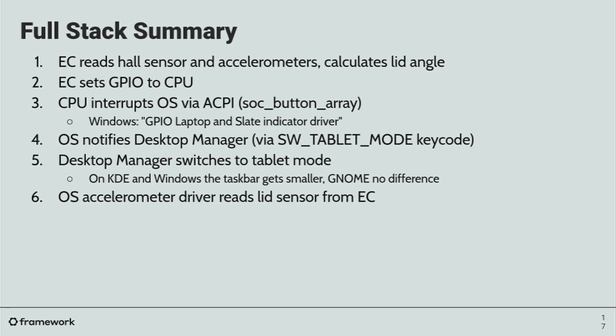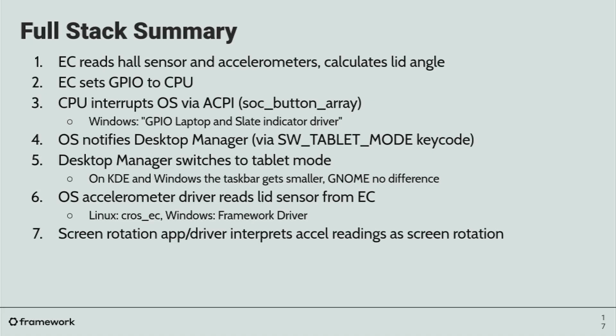Then to rotate the screen, the OS accelerometer driver reads the sensor data of the lid. To get the screen rotation, you only need one sensor. Windows has an extra driver that loads if it sees an accelerometer driver, and it calculates the lid angle based on the G-sensor data.